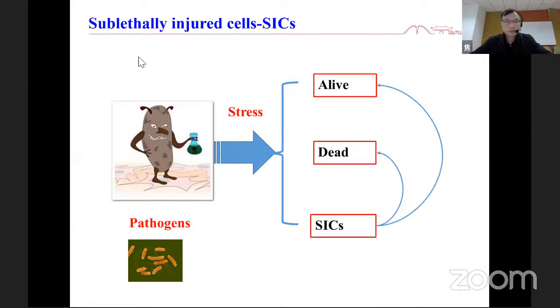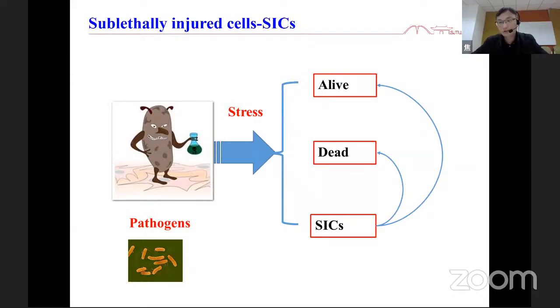And this part, as I mentioned, we first explored whether or not there will be sublethally injured cells after alpha heating. We all know that these pathogens or microorganisms, like large animals, when put under different external stresses such as alpha heating, three different things can happen.